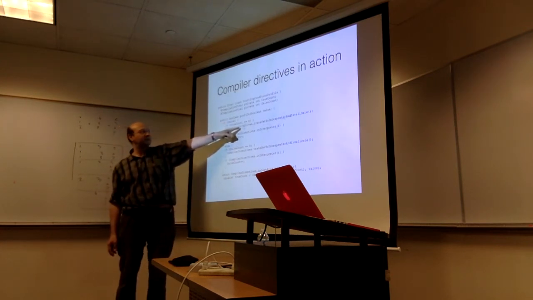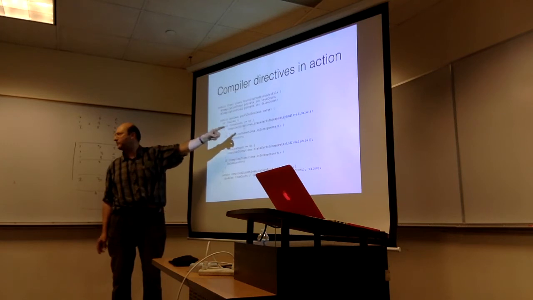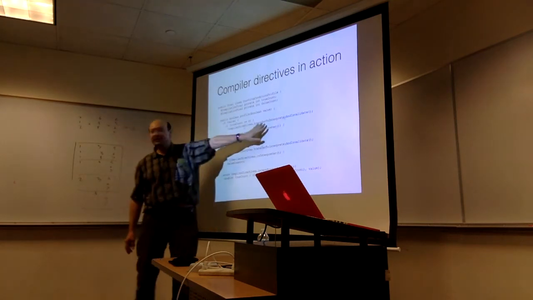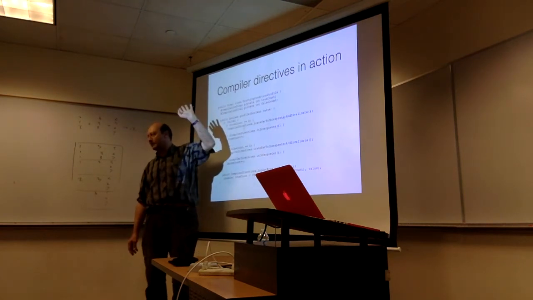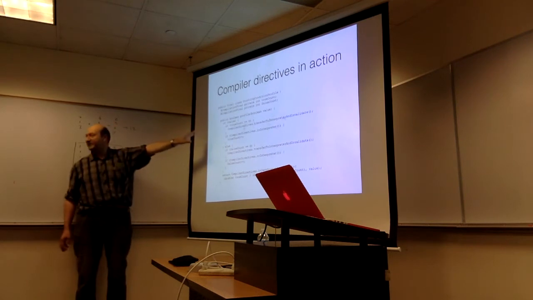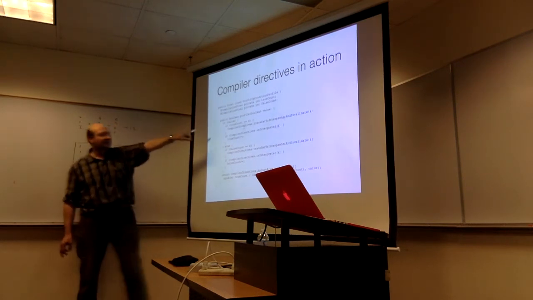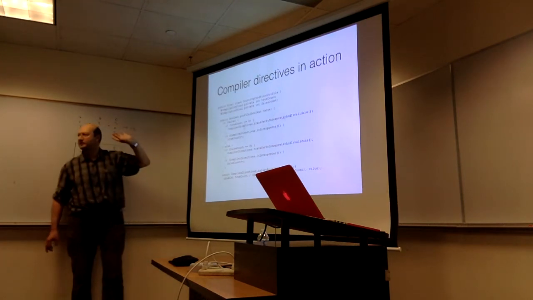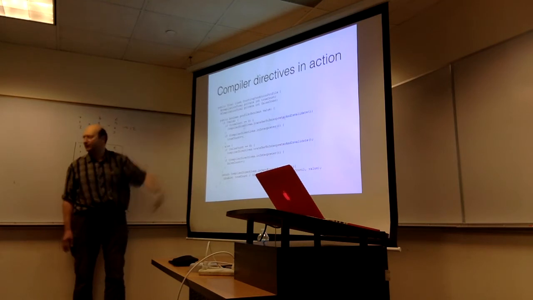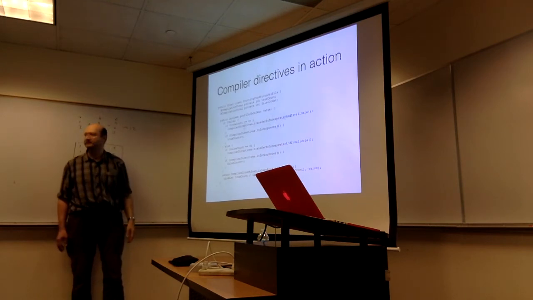It will say, oh, we've come down the true branch when we never, ever, ever came down there before. So, good time to throw away this code and start again, because we compiled on the assumption that this was never true, and in fact it's turned out to be true. So this causes the compilation unit to be discarded and interpretation to resume, and it will be recompiled again after some more profiling.